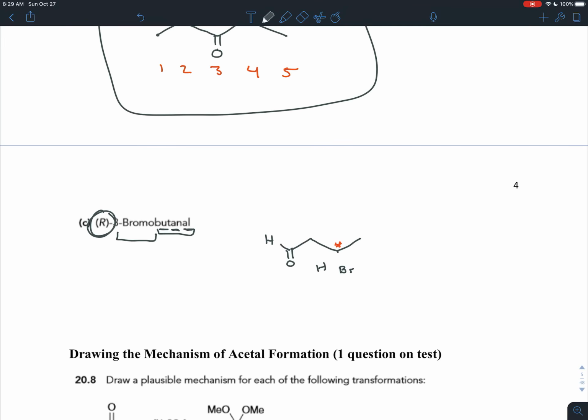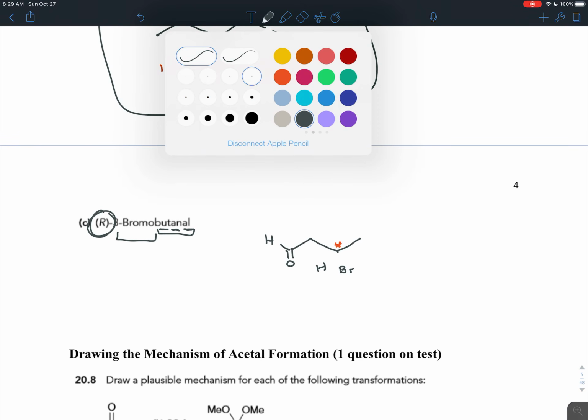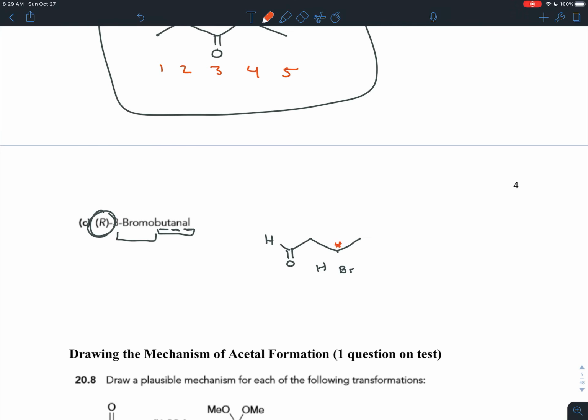Well, the name gives us the R. So that needs to be a right-handed chiral center. The first step in assigning that is assigning priorities based on atomic number. Hydrogen has the lowest atomic number, so it'll be number 4. Bromine has the highest, so it'll be number 1. But we have 2 carbons, and those tie.